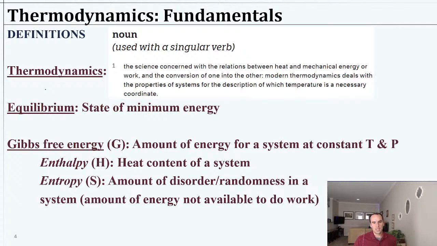Okay, so Gibbs free energy, you've heard it before. This is G. This is the amount of energy for a system at a constant temperature and pressure. And really this is in the context of kind of chemistry.